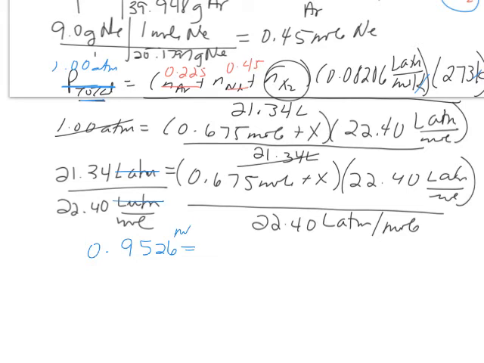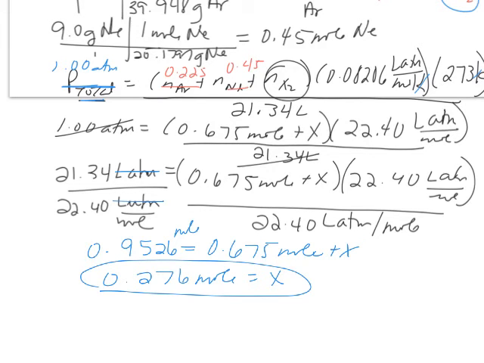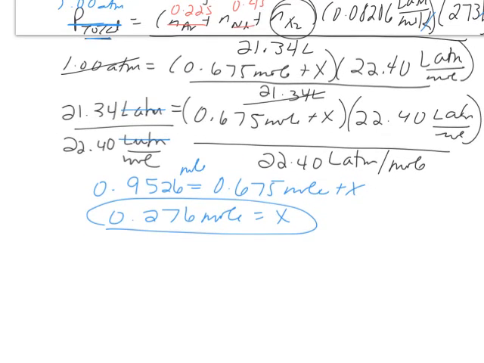Equals, this is moles, equals 0.675 mole plus X. So let's subtract both sides, and on my paper here I got 0.276 mole equals X. Now, when you get that number, remember you had 9.0 grams of this diatomic compound, and now you know how many moles of that diatomic compound.